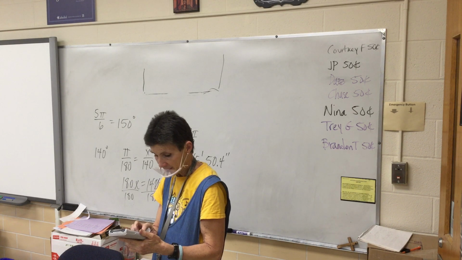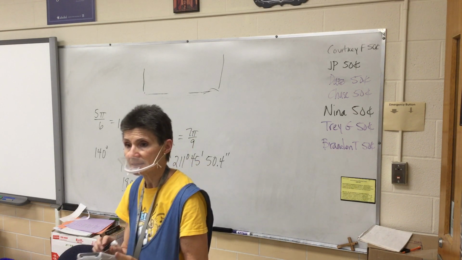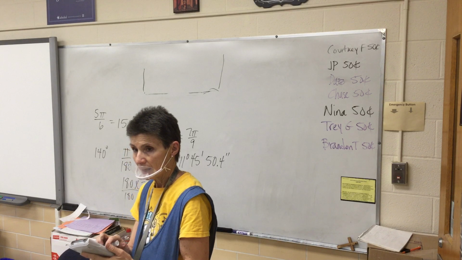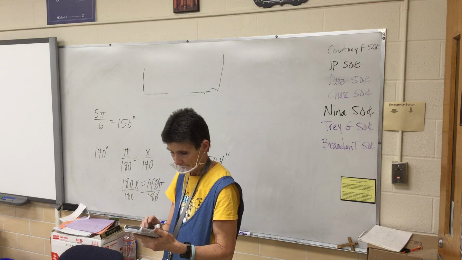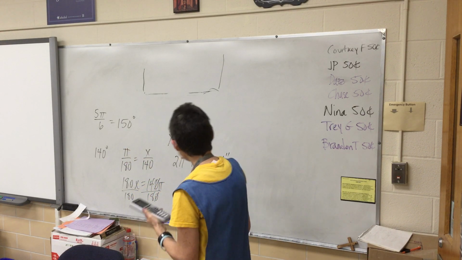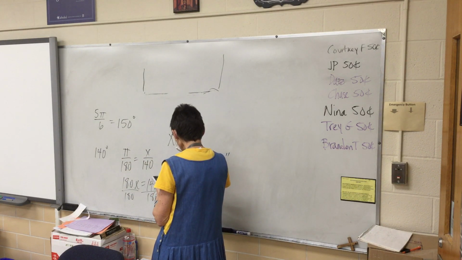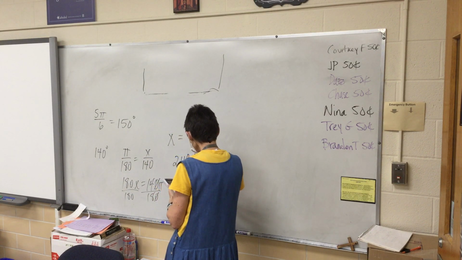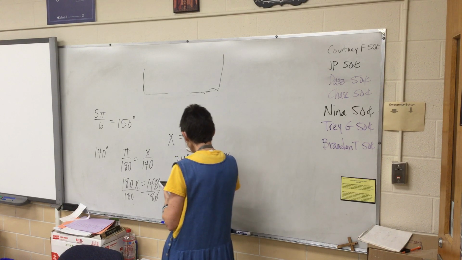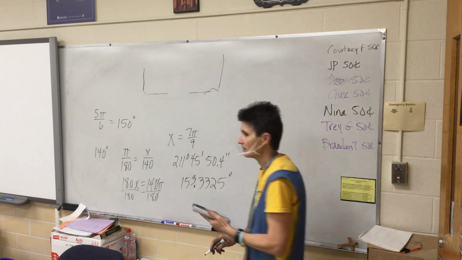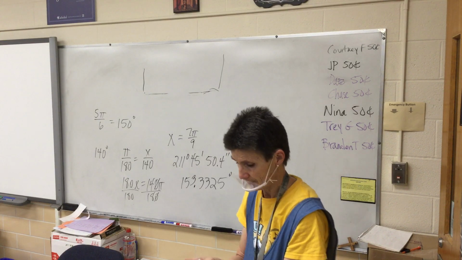And then 57, and how do I get my seconds? Alpha plus, yep. And I got, does it tell me how to round? Nope. So I got 153.3325. There'll be directions on the quiz how to round, but there's your decimal degrees.